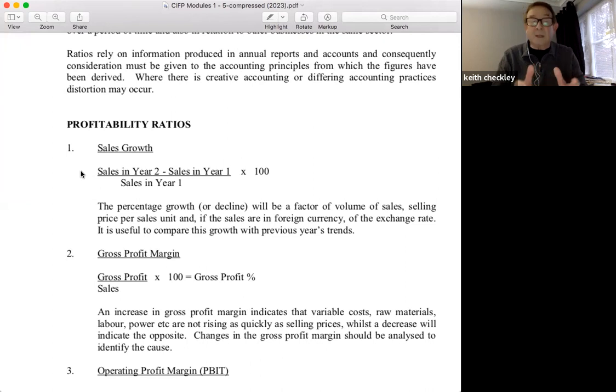For those of you who have never done this before, you'll find it a bit confusing, but I hope when we do a practical example and make the calculations ourselves, it'll give us a good understanding of where these figures come from. And because we're doing it ourselves, we'll have a good idea where they are derived from.